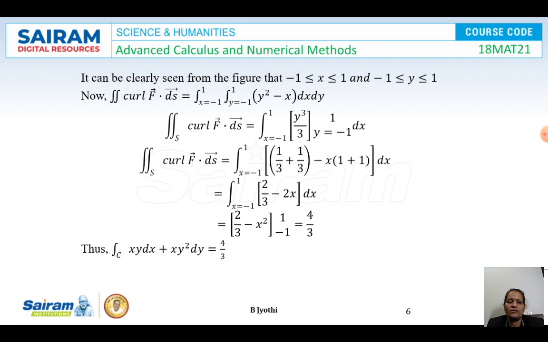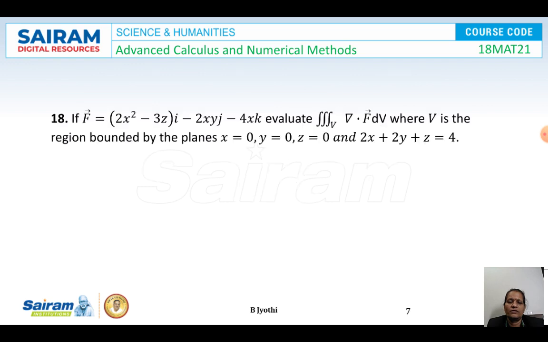Next problem. If F is equal to (2x squared minus 3z) i minus 2xy j minus 4x k, evaluate the triple integral of del dot F dv, where V is the region bounded by the planes x equal to 0, y equal to 0, z equal to 0 and 2x plus 2y plus z equal to 4.